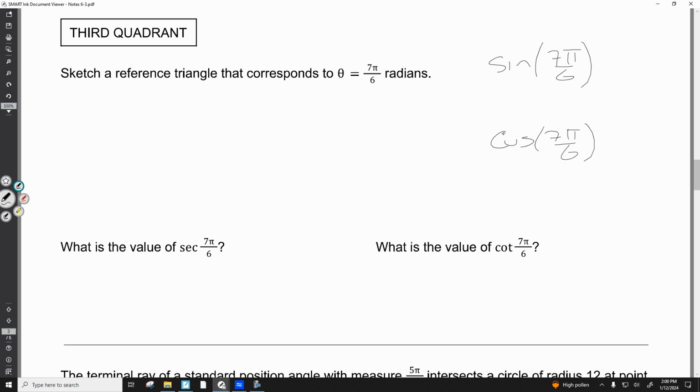That's 11 pi over 6. If you have been always writing 6 pi over 6 plus pi over 6, good. Keep doing it until you don't have to do that step anymore. Until you're like, I got that.